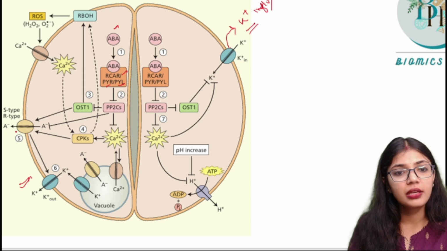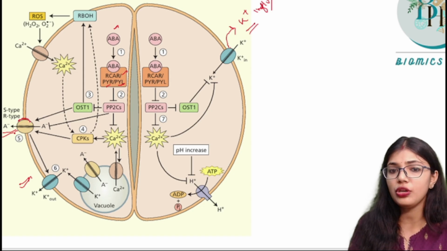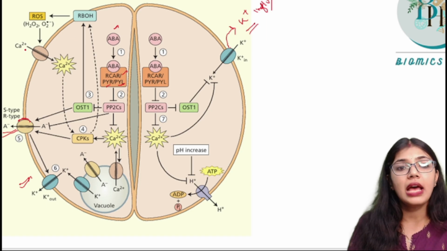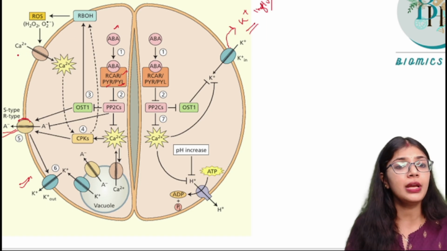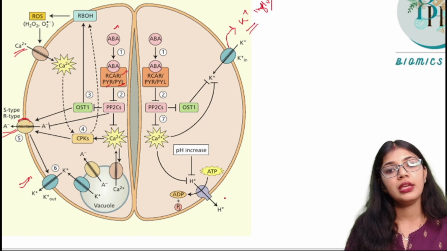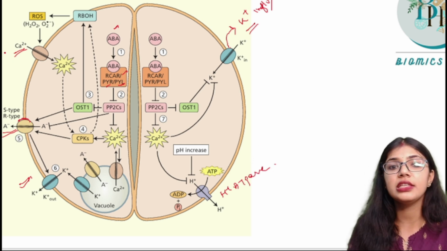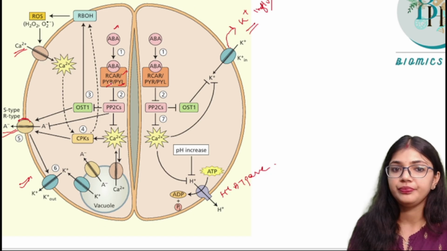Here there is a channel for anion efflux. This is the anion efflux channel. As well as it has the influx channel for Ca2+, for calcium. Here we can see there is an H+ ATPase channel. This is present in the guard cell.